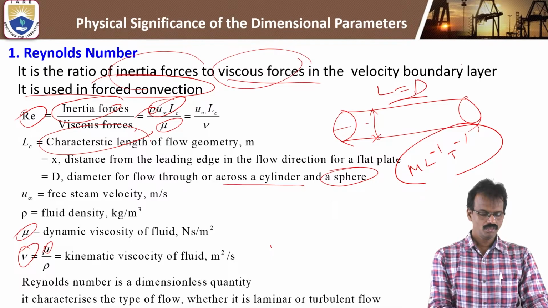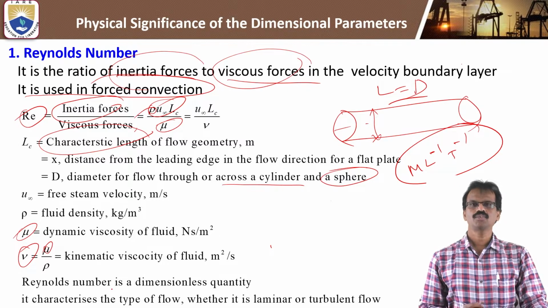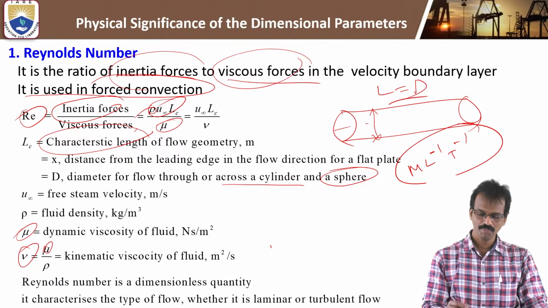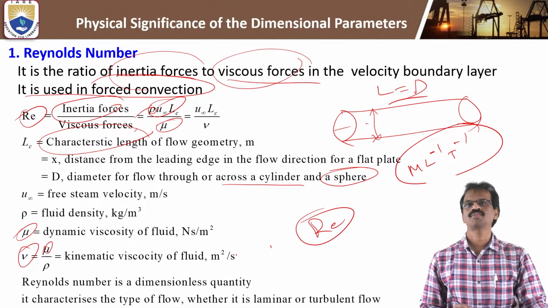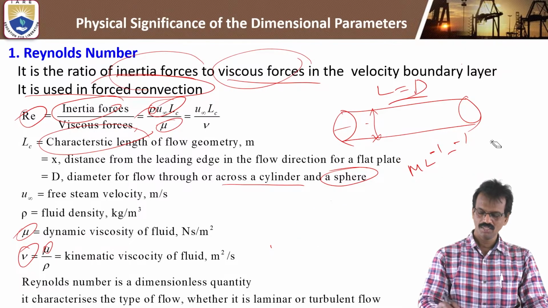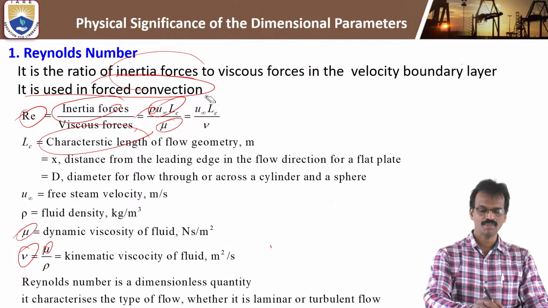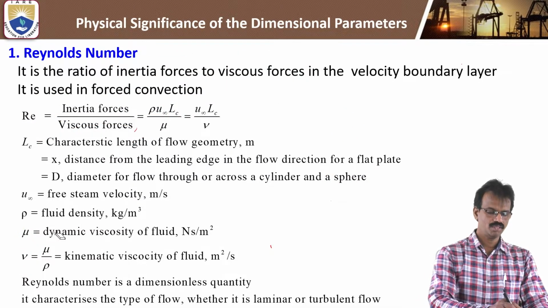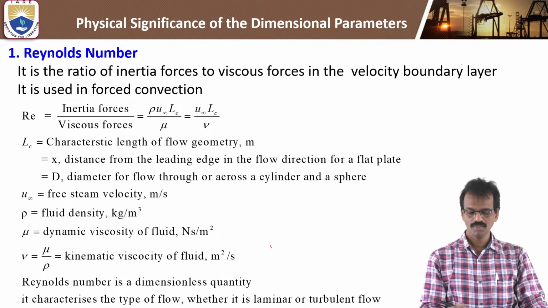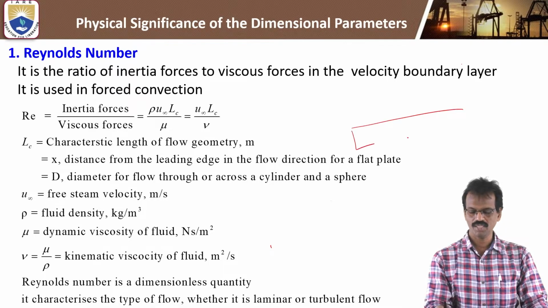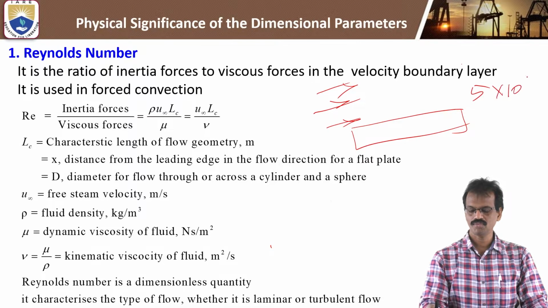It characterizes the type of flow, whether it is laminar flow or turbulent flow. Based upon the Reynolds number, we can decide whether it is laminar or turbulent. For that there is a particular value of the Reynolds number called the critical Reynolds number, and by using it we can identify the flow. For external flow, like flow on a solid surface, the critical Reynolds number is 5 into 10 to the power of 5.